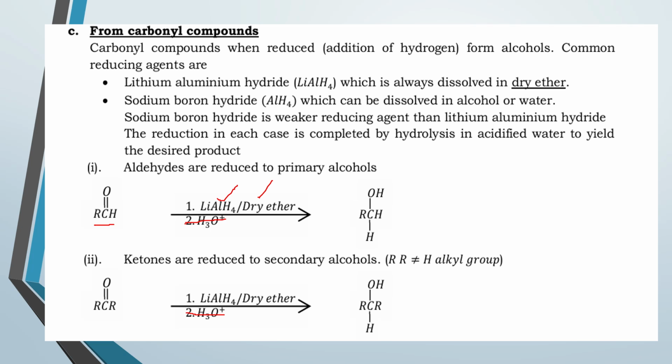There is no other condition required for this. We are going to get our alcohol. What happens is that this oxygen atom gets replaced, one bond attaches to the hydrogen atom and the other bond is going to attach to the hydroxyl group, and then we get our alcohol in that format.